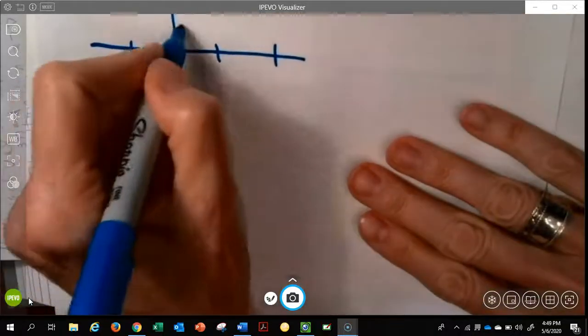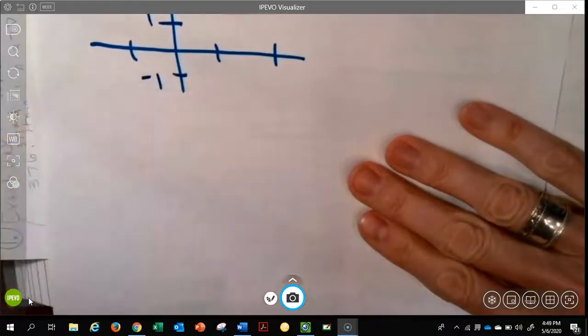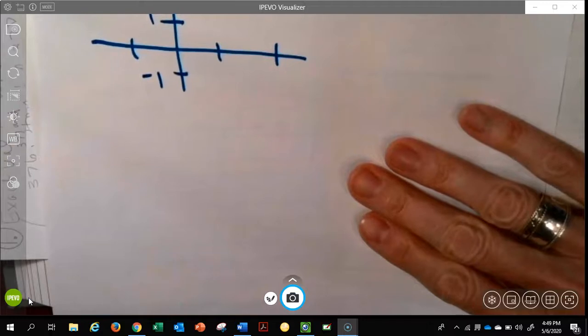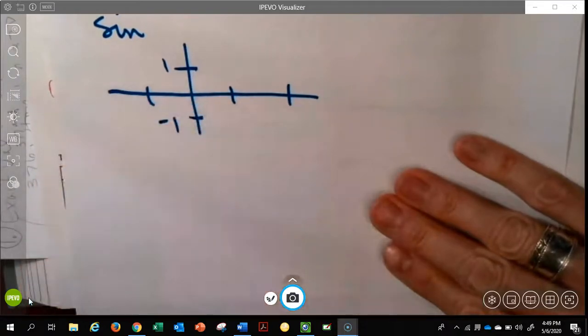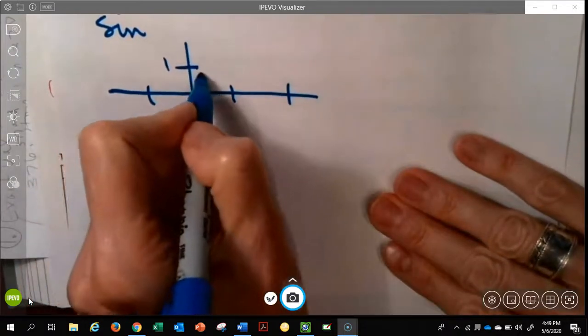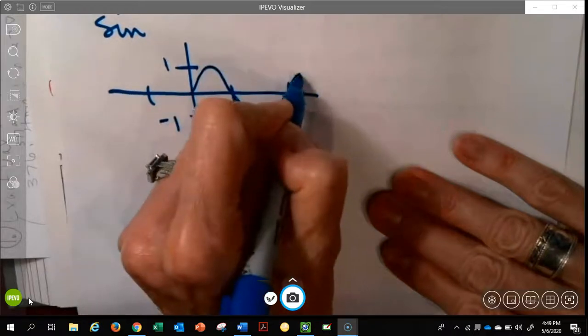But if you look at the sine graph, which you don't need to know right now, I just want to bring it in and let you see something, that when we do go to graph sine, it's going to look something like this.